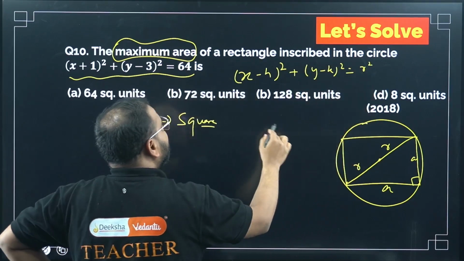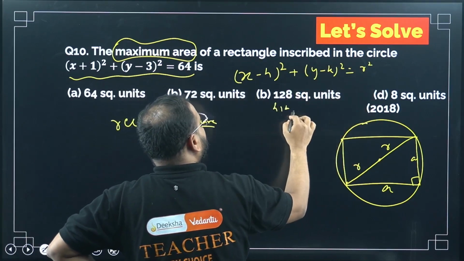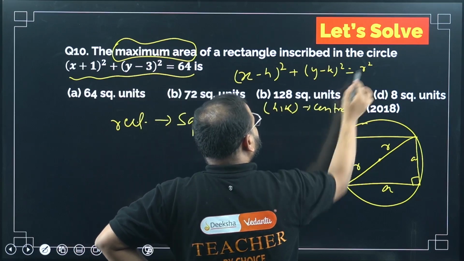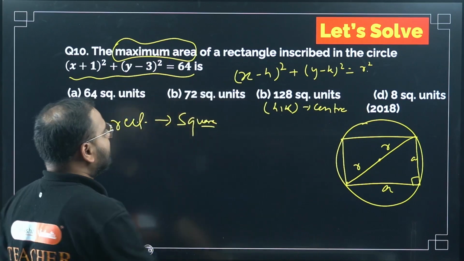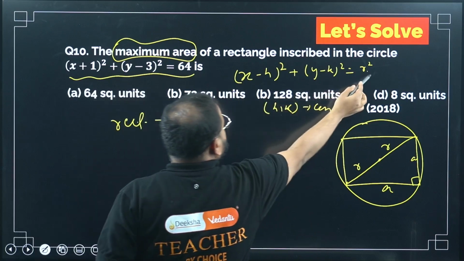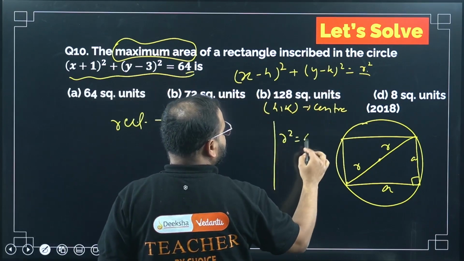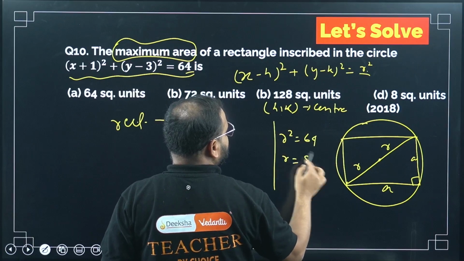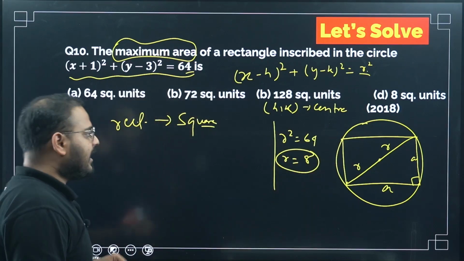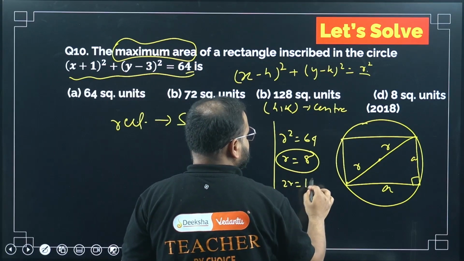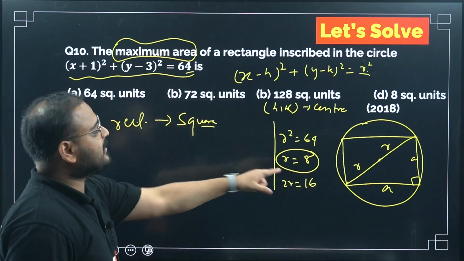H comma k is the center and this is my radius. So if you compare, r square is equal to 64, what is my r value? R is simply 8. So what is my diameter? 2r, 16. Now apply the Pythagoras theorem.